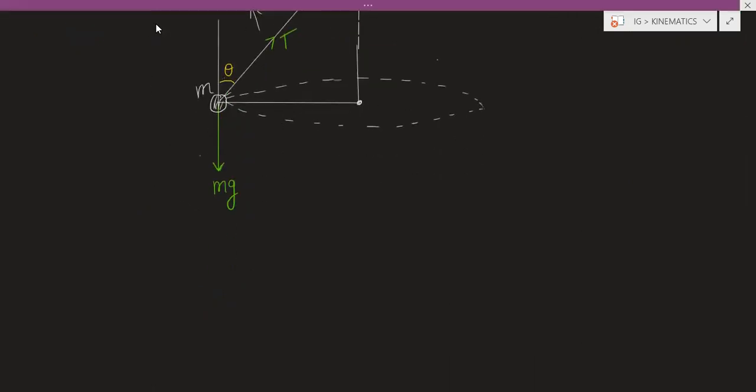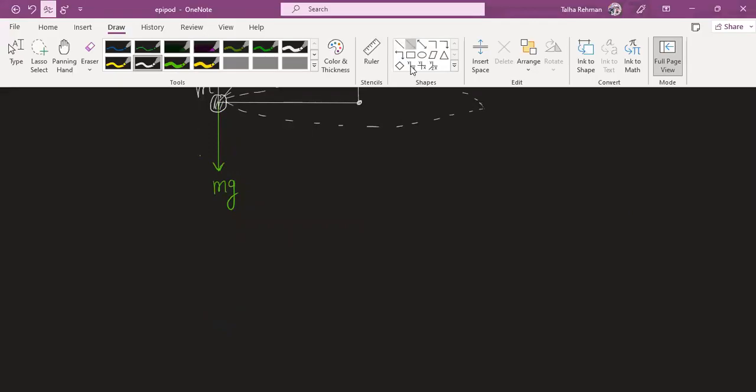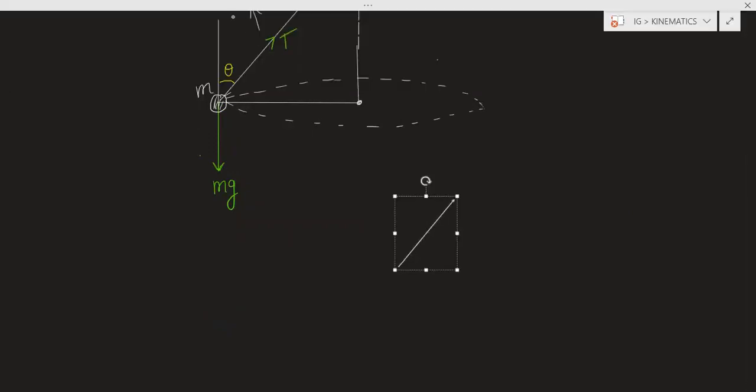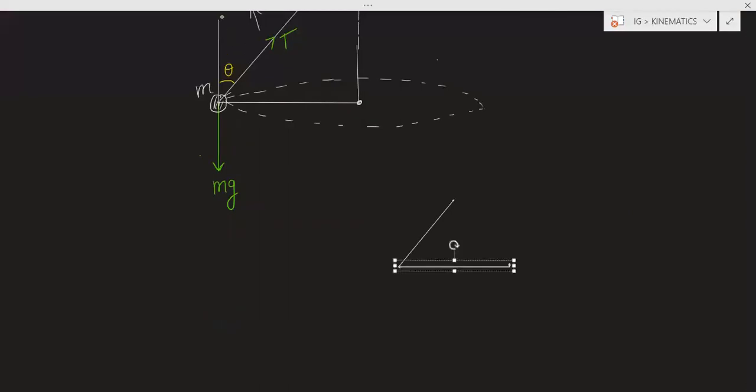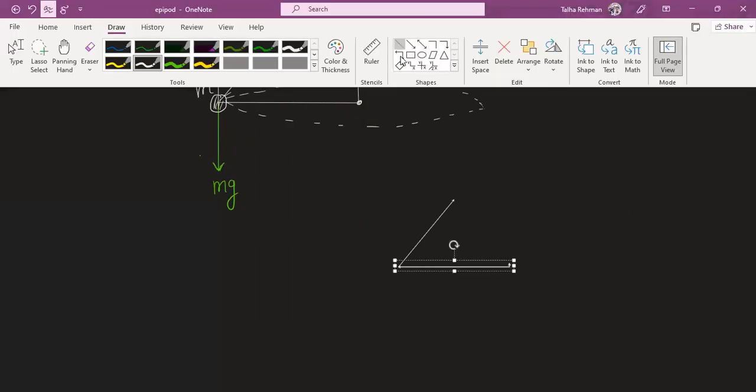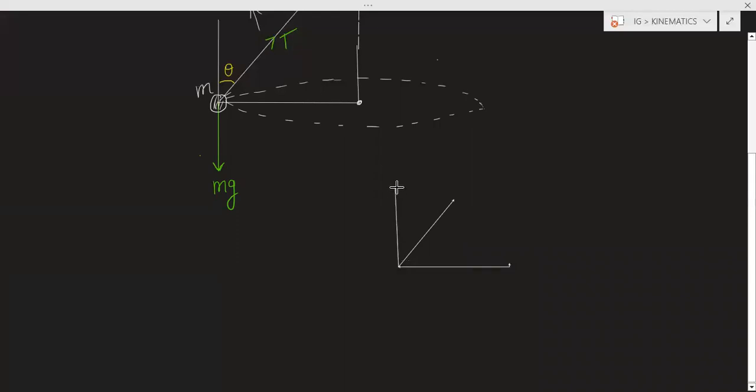For example, suppose a force F is acting in this direction, making an angle theta with this direction, and this line and this line are perpendicular.